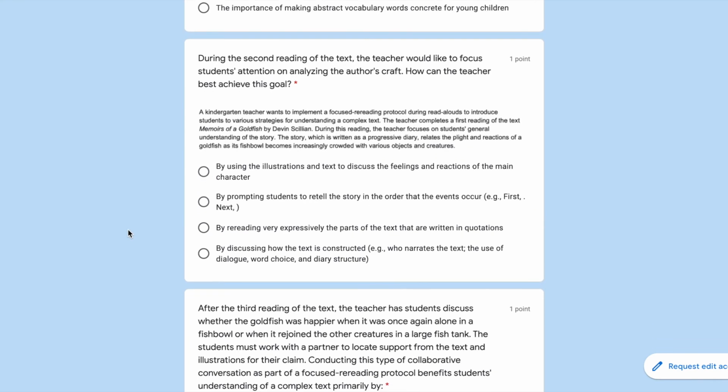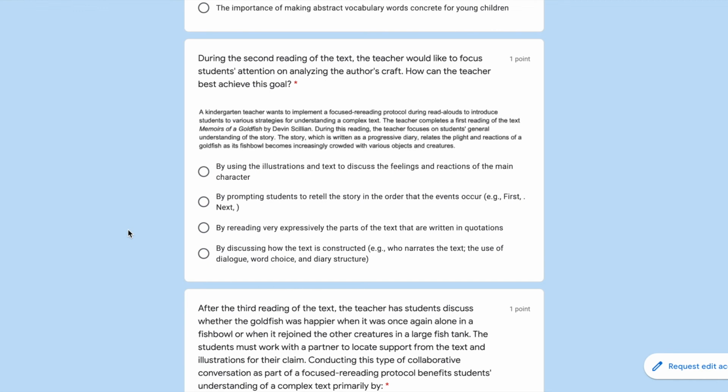All right, here we have a question that asks, during the second reading of the text, the teacher would like to focus students' attention on analyzing the author's craft. How can the teacher best achieve this goal? Pause here, read the information in the middle, and I'll read our options. Letter A says, by using the illustrations and text to discuss the feelings and reactions of the main character.